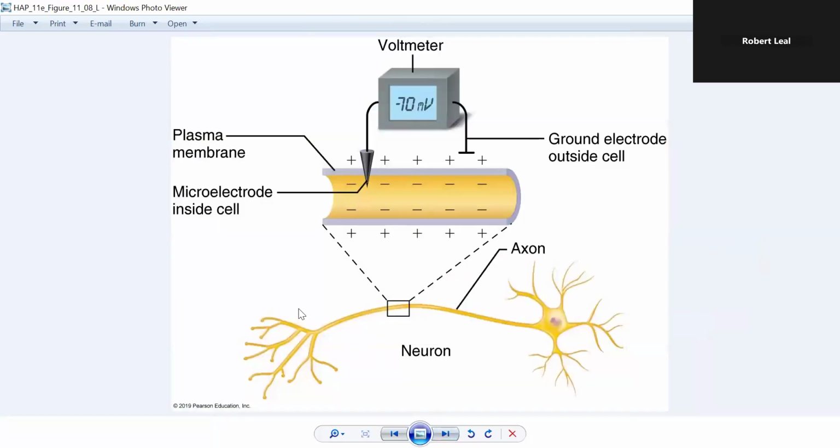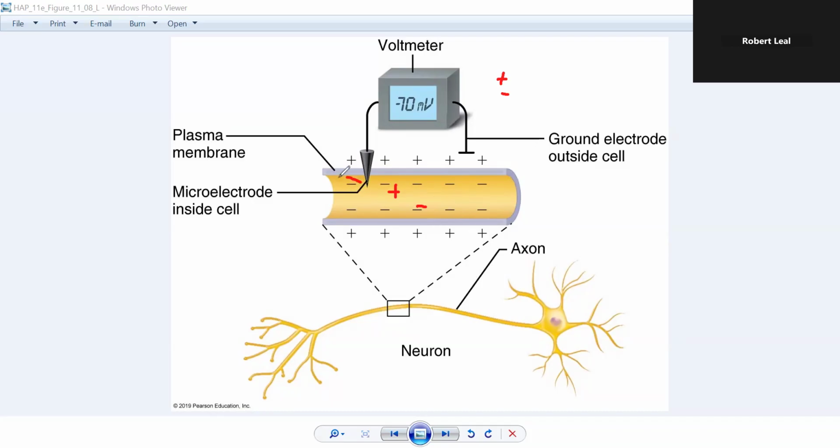Here's a drawing of a device called a voltmeter, and it is measuring the voltage difference inside the cell and comparing it to outside the cell. Now, inside the cell, you do have ions, both positive and negative. Outside the cell, you also have ions, both positive and negative. However, using this device, it measures the difference.